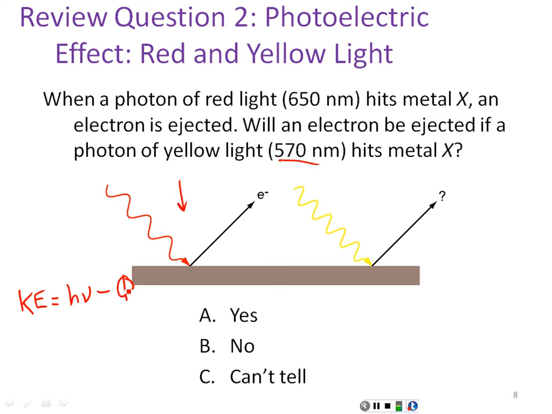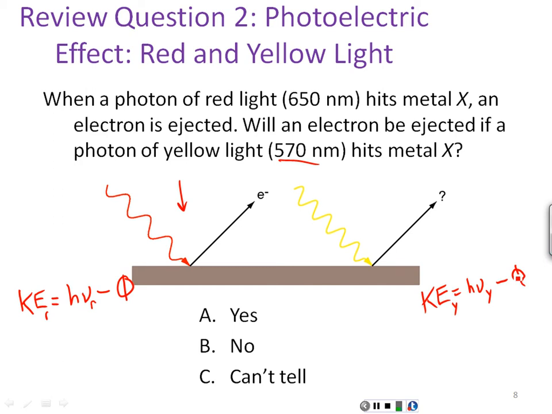Now if we look at both, we'll call this h nu for the red, and we'll write this equation again in terms of the yellow light, h nu yellow minus phi.